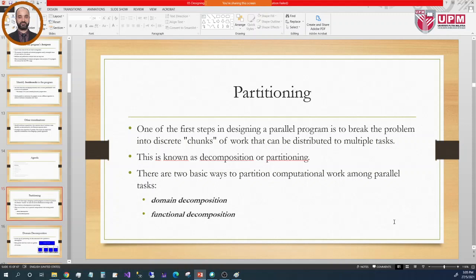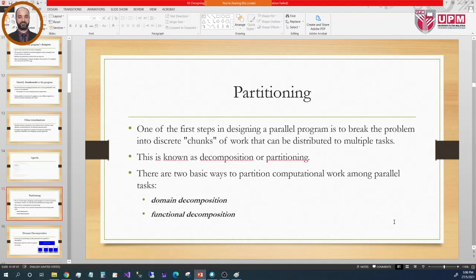Okay, now we come to partitioning. We only come to partitioning if the problem is parallelizable. If it is non-parallelizable, then we will never come here. Partitioning is the second or third step towards parallelization.